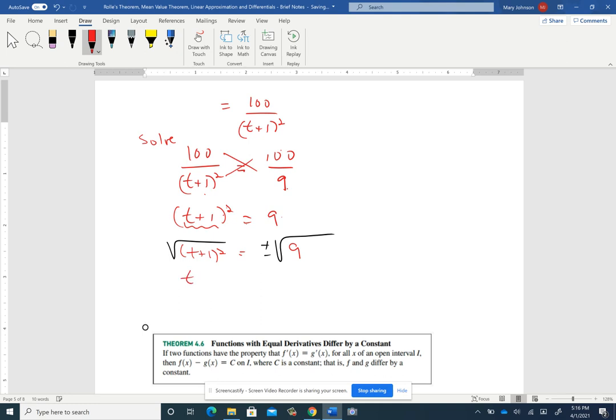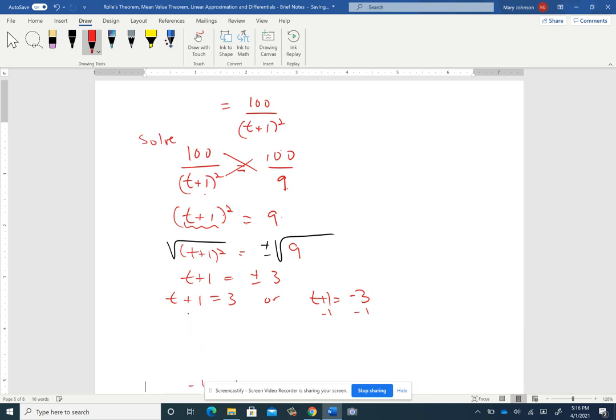So the square roots undo each other, and you get positive or negative 3 on the right, which means t plus 1 could be either 3 or t plus 1 could equal negative 3. So subtract 1, and what you find out, okay, let me do that again. What you find out is that t equals 2, or at t equals negative 4, we're going to wind up having the first derivative wind up equaling the average rate of change.